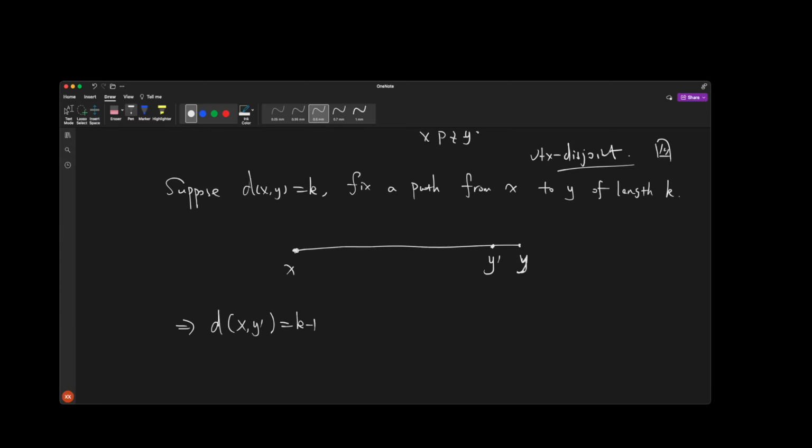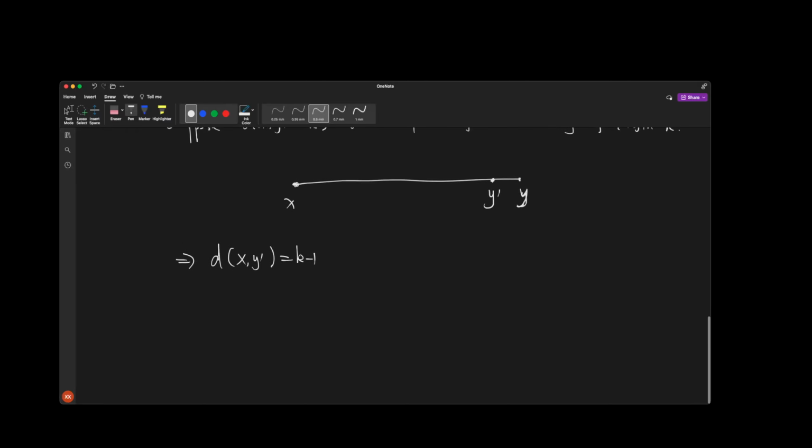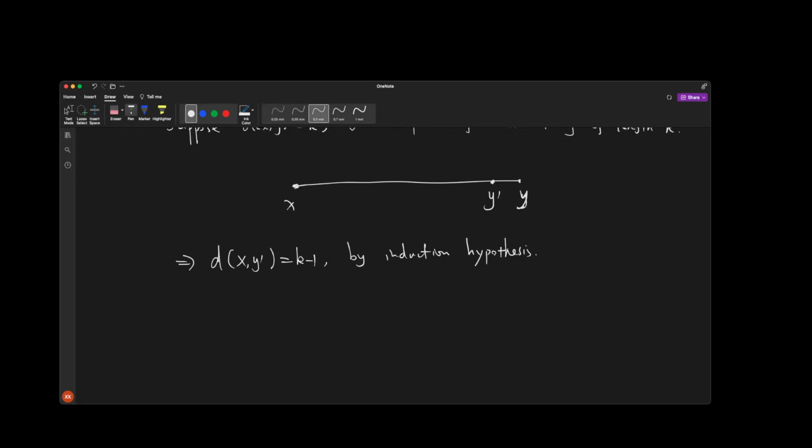So by the induction hypothesis, we know that there are two vertex disjoint paths, P and Q, from X to Y prime.